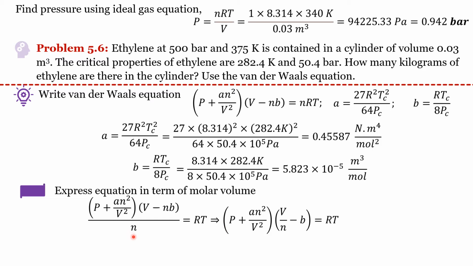So we will take this n in this bracket. When this n goes inside the bracket, it will be V/n, and this n will get cancelled. So we will get (P + an²/V²)(V/n − b) = RT. Now we can write V/n as Vm.